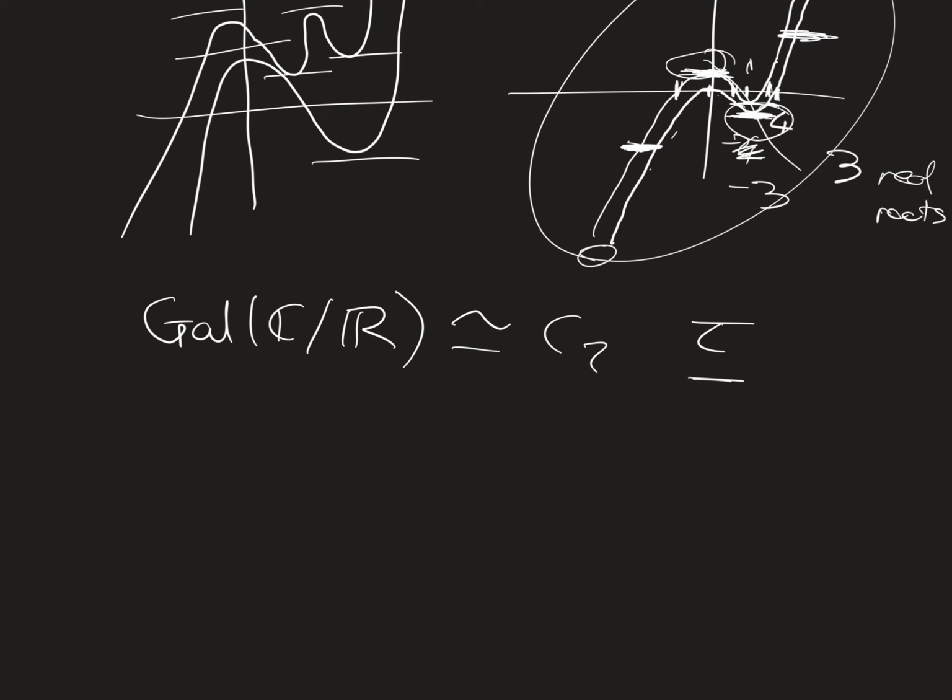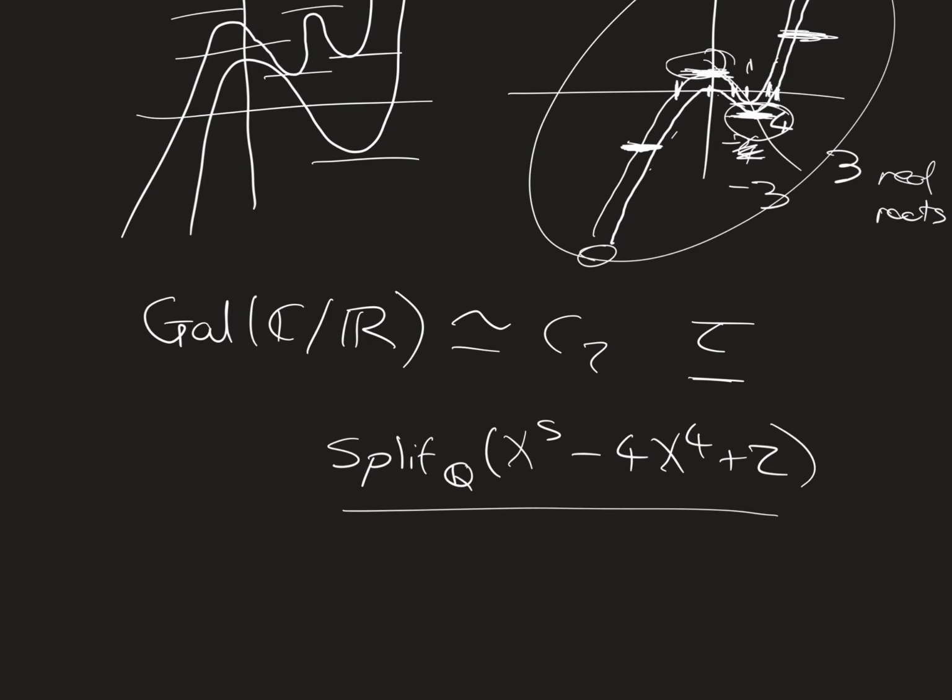If you take that automorphism and restrict it down to the splitting field over the rational numbers of x^5 - 4x^4 + 2, then it is going to still be an automorphism of my splitting field.